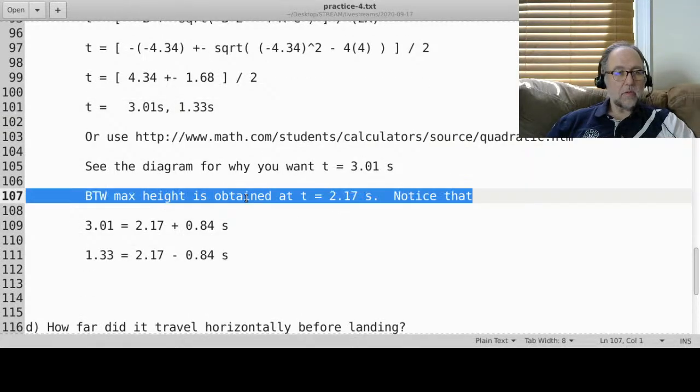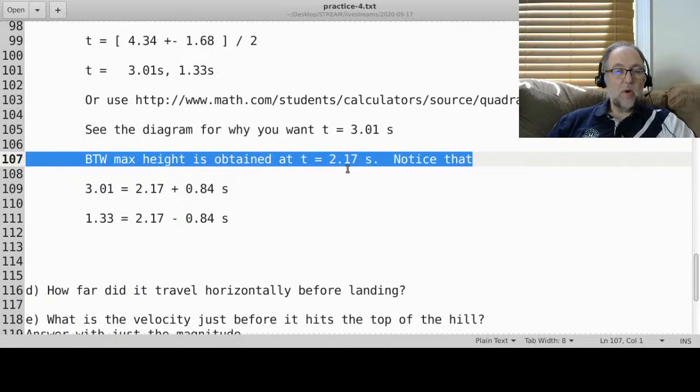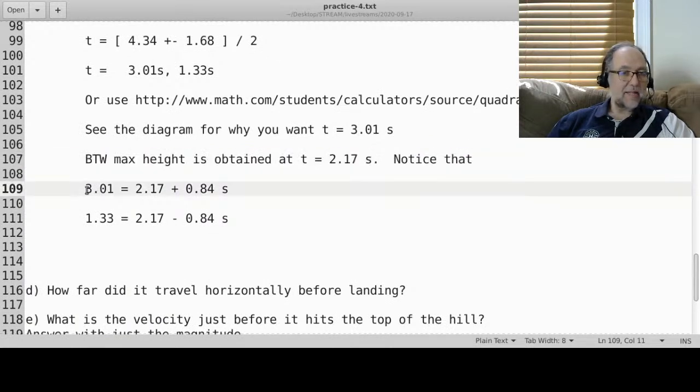Over here, maximum height is obtained at 2.17 seconds. Notice that 3.0 seconds can be written as 2.17 plus 0.84, and I got the 0.84 by just subtracting 3.01 minus 2.17.